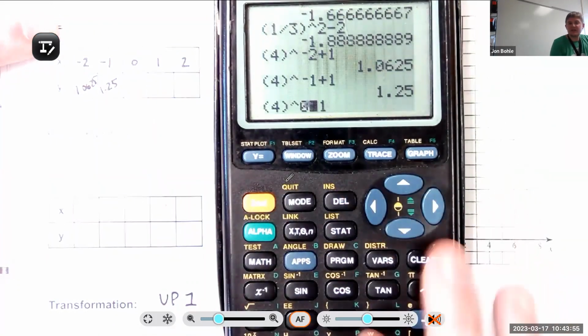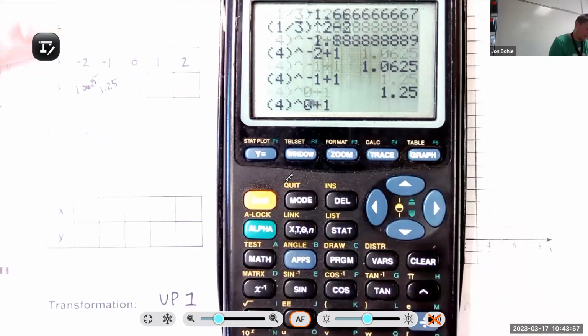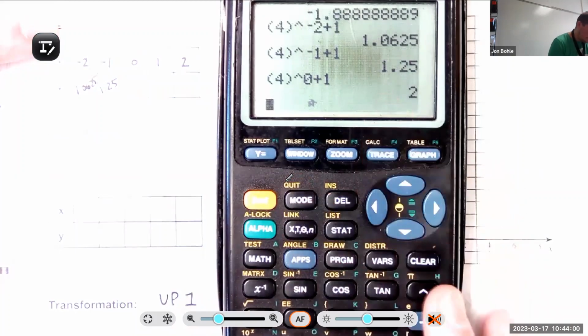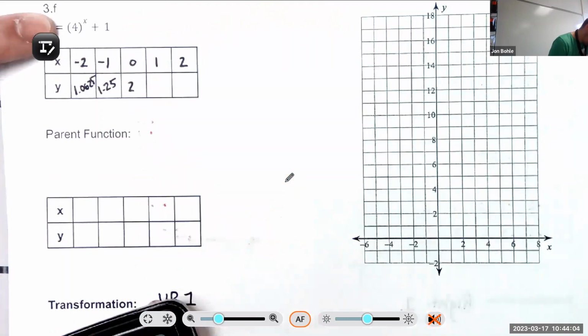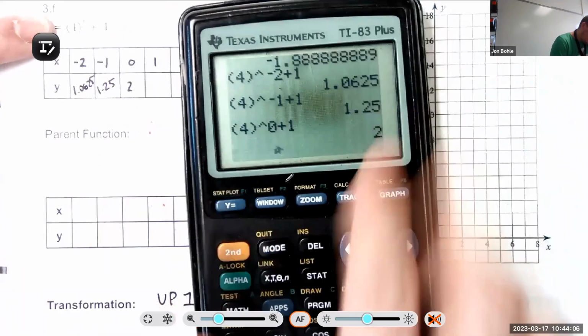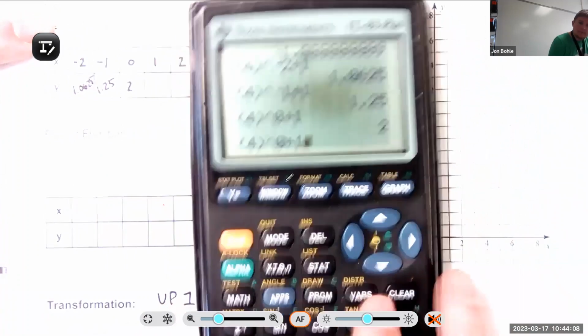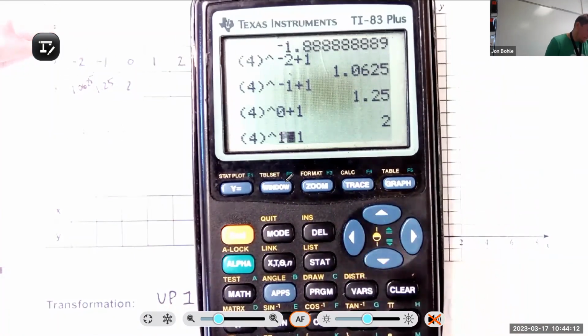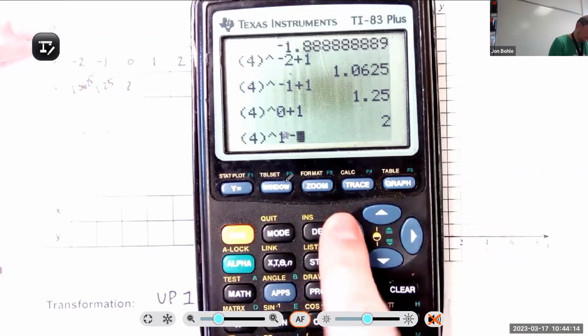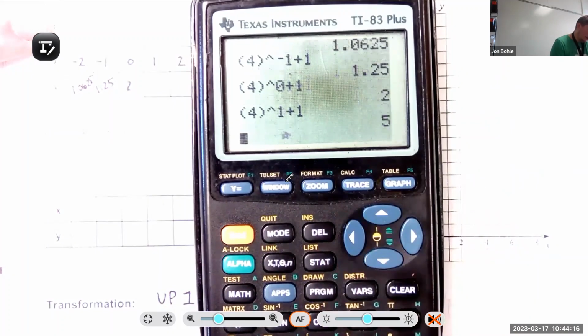Then we type in 0 as the exponent, and we get 2. We type in 1 as the exponent. We get 5.